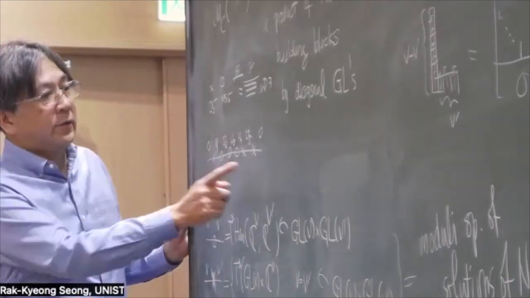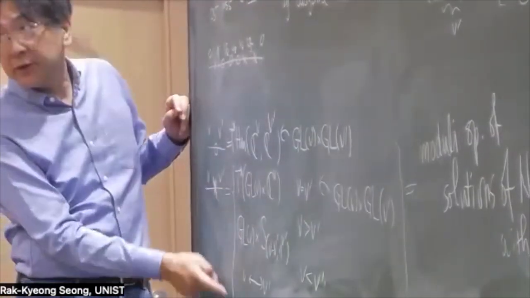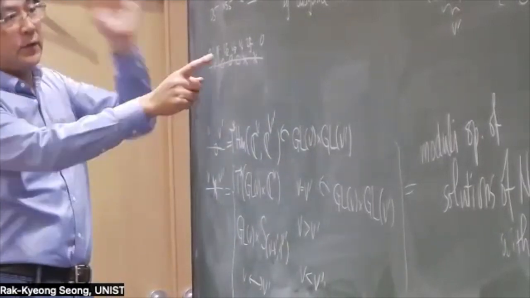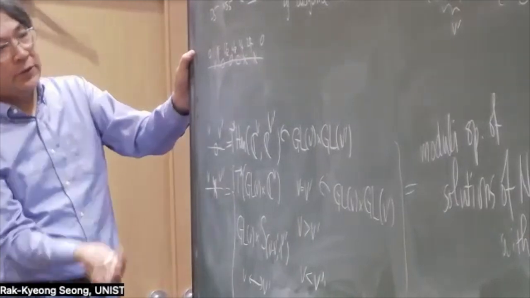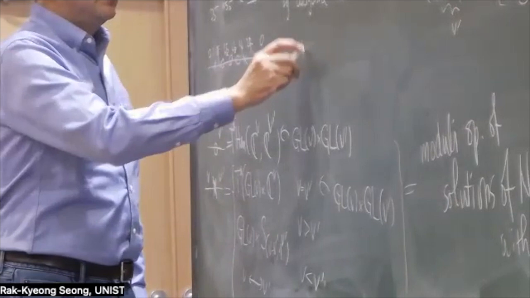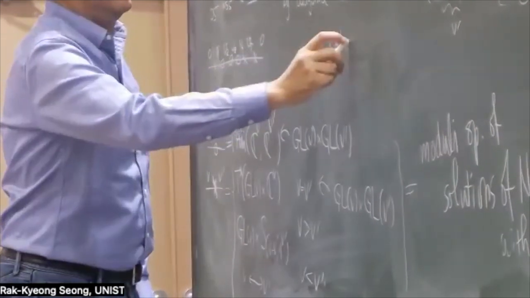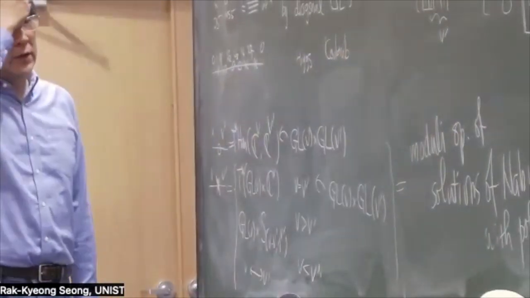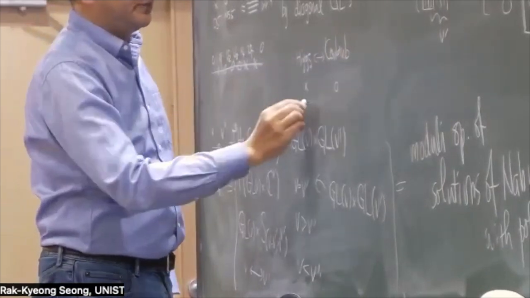For the Coulomb branch you assign this vector space like this and take a Hamiltonian reduction by the GL V and GL V prime and so on. For the Higgs branch, you just replace circles and curves. This is one good example where we can understand both Higgs and Coulomb branch completely.